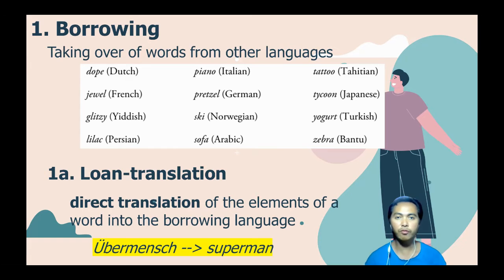One type of borrowing is loan translations, in which the elements of a word are directly translated into the borrowing language. For example, Superman is borrowed from German, where it's a direct translation rather than simply borrowing the word. The English word is directly translated from German's Übermensch.